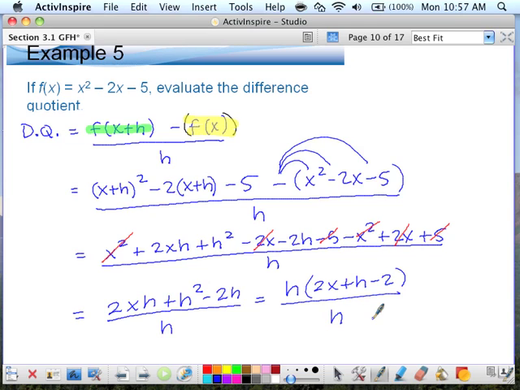And once you factor, the h on top and the h on bottom should cancel to 1. And your final answer is what is left in that parenthesis, 2x plus h minus 2. So we say that the difference quotient of x squared minus 2x minus 5 is equal to 2x plus h minus 2.